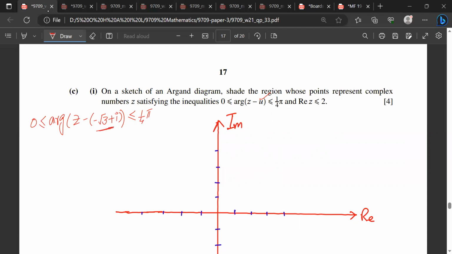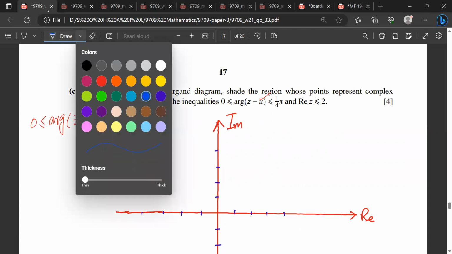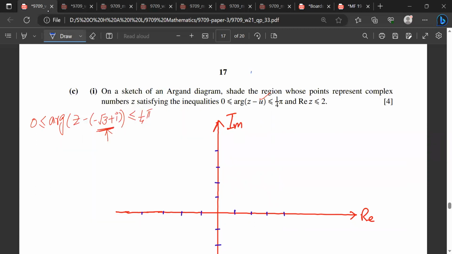Here this is the half line, and the end point of the half line is here: minus root 3, which is minus 1.73 comma 1. Somewhere over here is this point, minus root 3 comma 1.